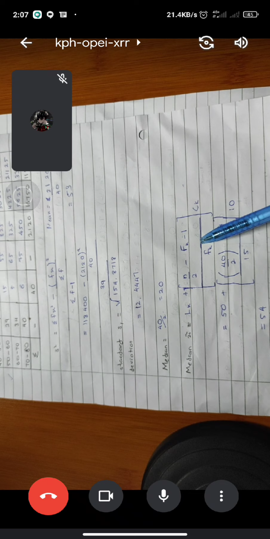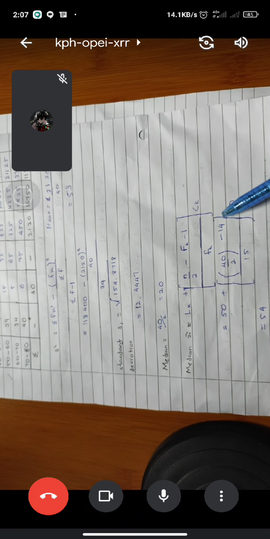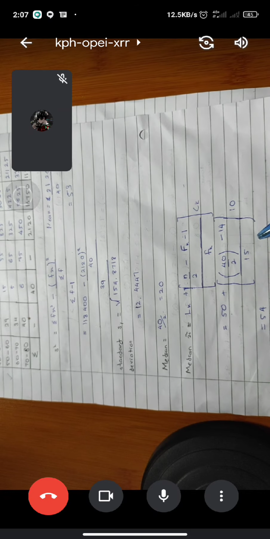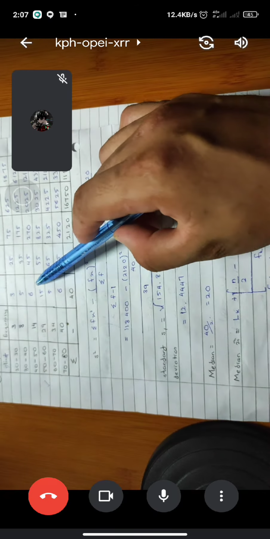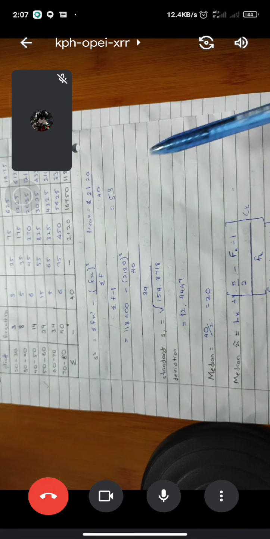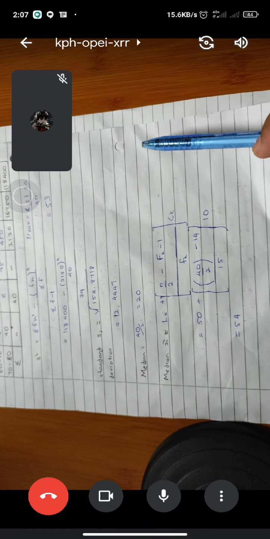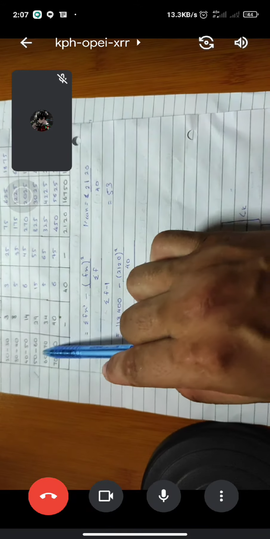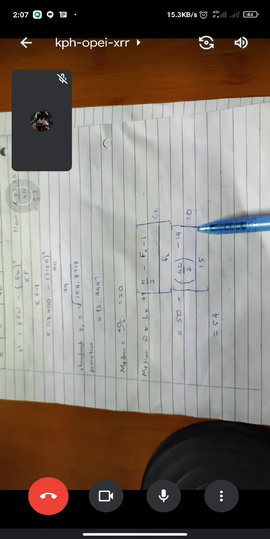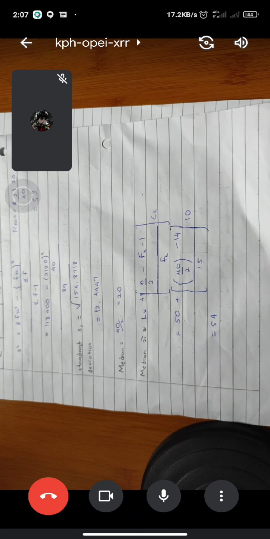Fk minus 1 is the cumulative frequency before the median class, we got 10, over the fk, the frequency of the median class, we got 50 here. So we times the Ck, which is the size of the median class. We found out that the size is 10, so we calculate it and we got 54 as the median.